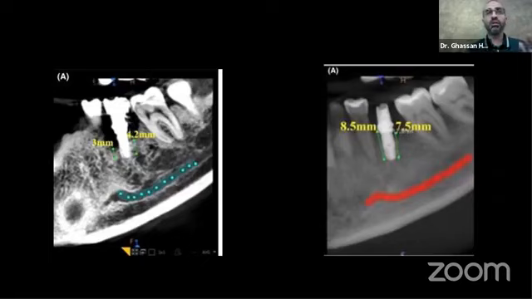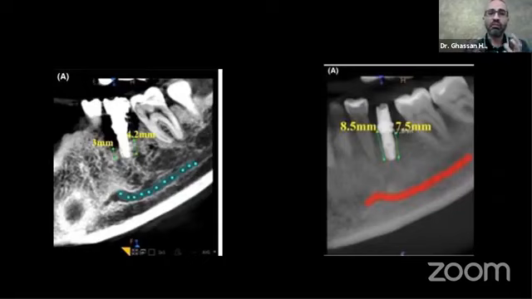Usually when we have a horizontal defect around a natural tooth, we are unable to regenerate such a defect with bone graft or with any other procedure. So what do you think around an implant, which is metal, and we don't have any periodontal ligament?